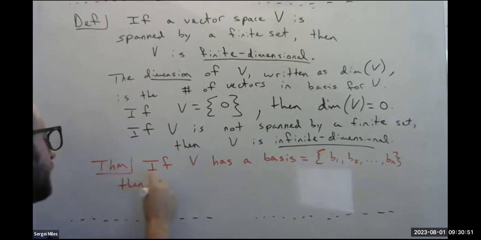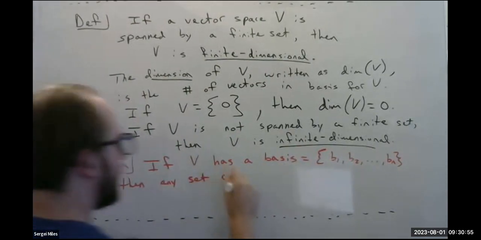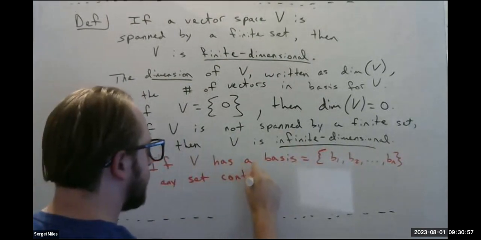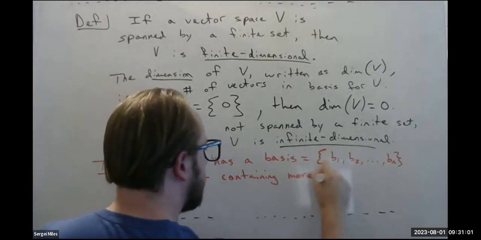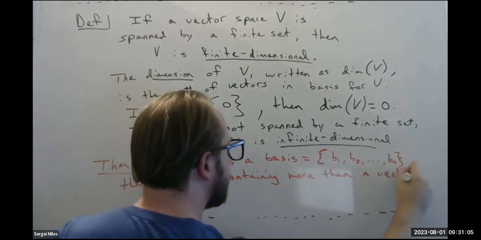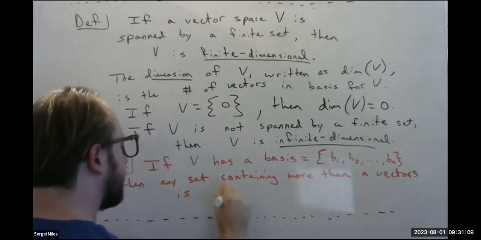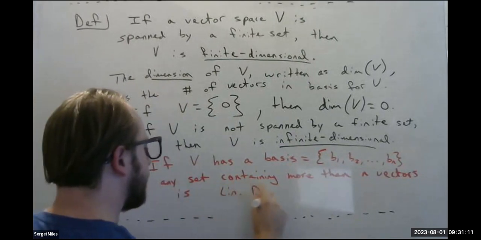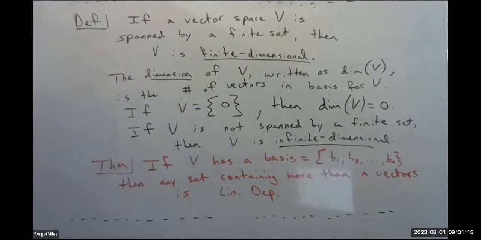Then any set containing more than n vectors is automatically linearly dependent. Why?